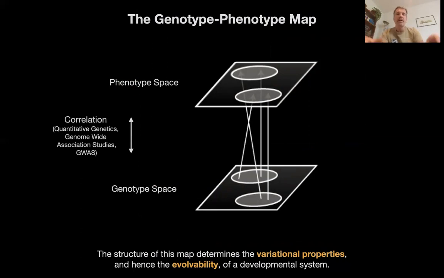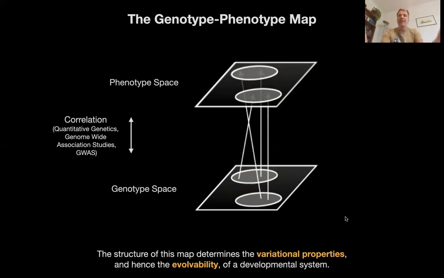And that is indeed what disciplines like quantitative genetics do, and also genome-wide association studies. They are based on this interpretation of the genotype-phenotype map, that there is a statistical correlation between variation at the genotypic level and the phenotypic level, but it black boxes what's going on here in the middle.